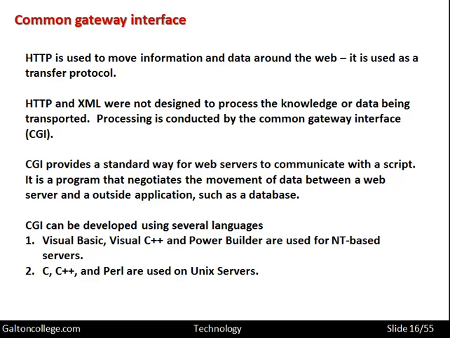We have all sorts of servers using, say, Linux. We have Unix servers, we have Microsoft servers, and so on. But the point is that CGI must be developed. It's a program that must be developed and which can be used to interrogate the data and bring back to the user what they want. So CGI makes the data usable.